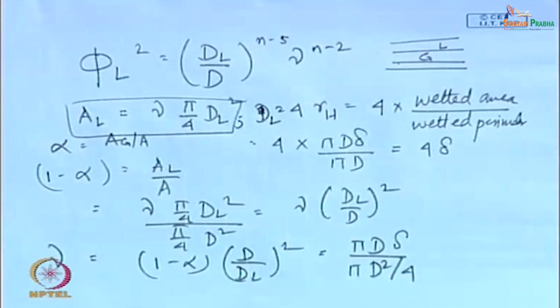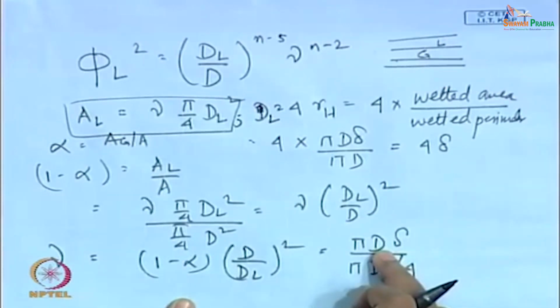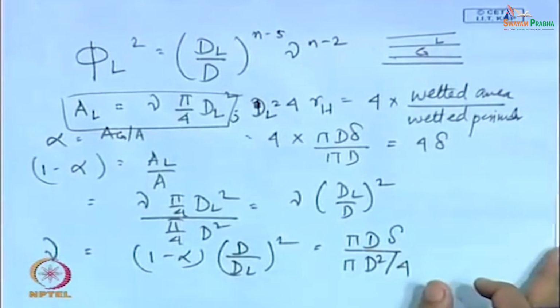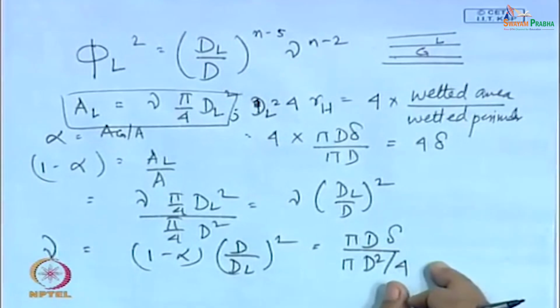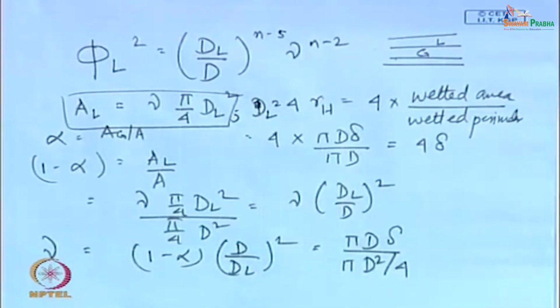If you have to express it in terms of d_L, then there has to be a shape factor. But this particular thing is based on the assumption that the liquid film thickness is much less as compared to the tube dimensions. And the assumptions which I had told you in the last class, that the interface is completely smooth and the film is much thinner as compared to the tube dimensions.